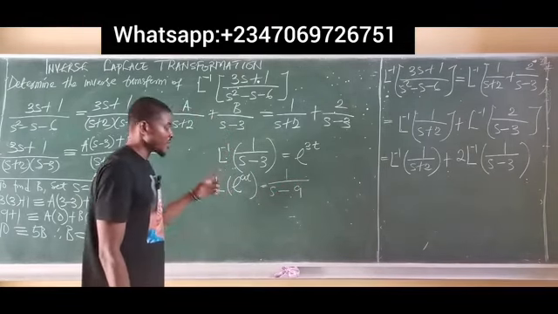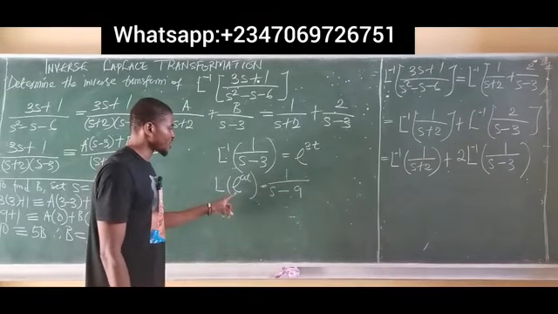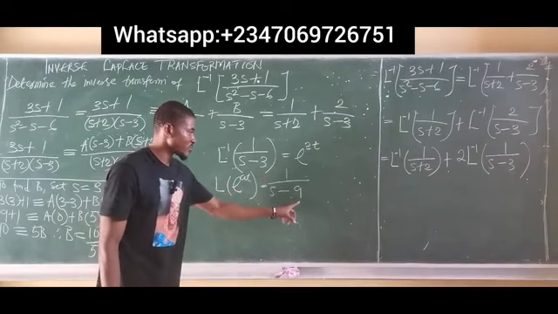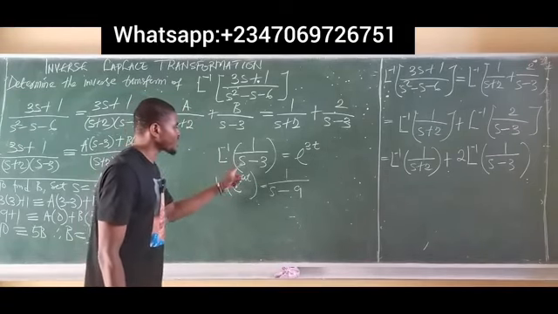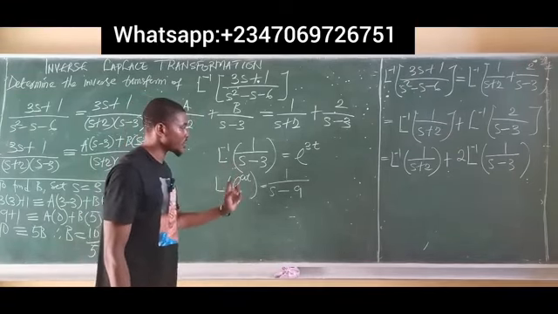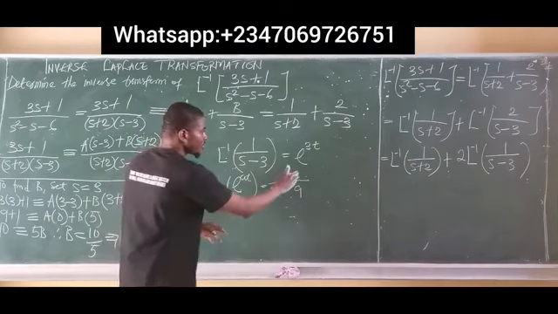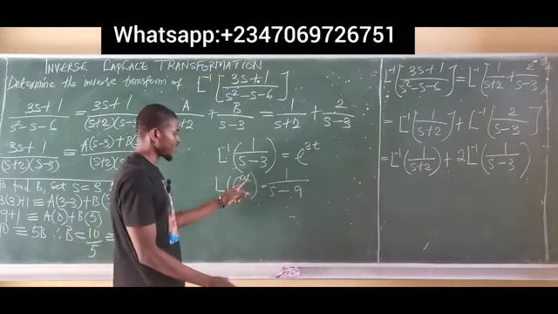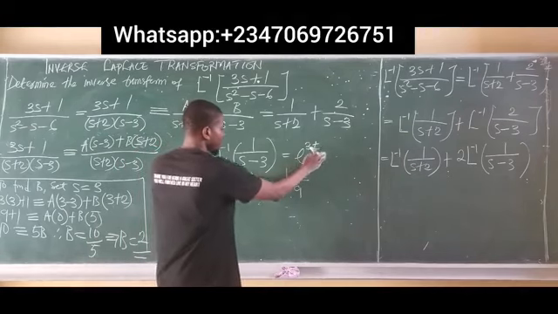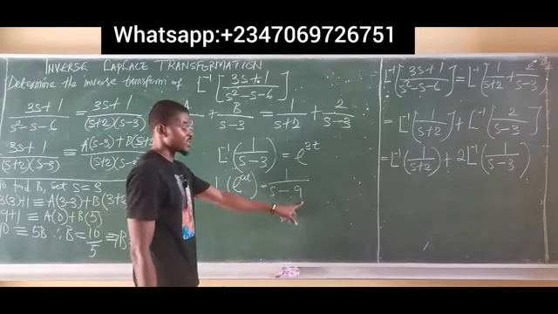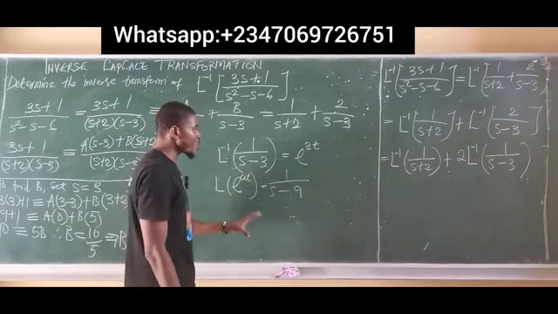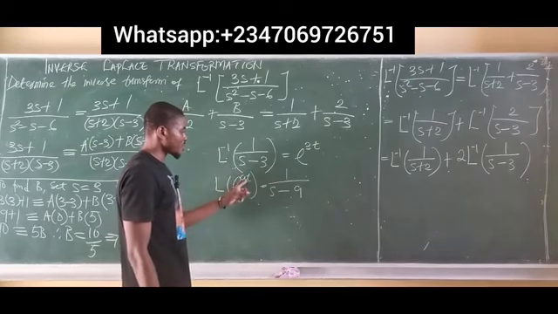We said this in those videos. Laplace of exponential at will simply be 1 over s minus a. Now I'm saying 1 over s minus 3, where a stands for what? The number. That means in place of exponential at, it becomes exponential 3t, where 3 represents a. So this is when the power is positive.